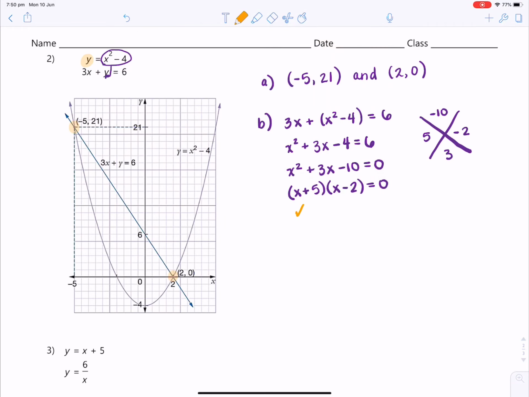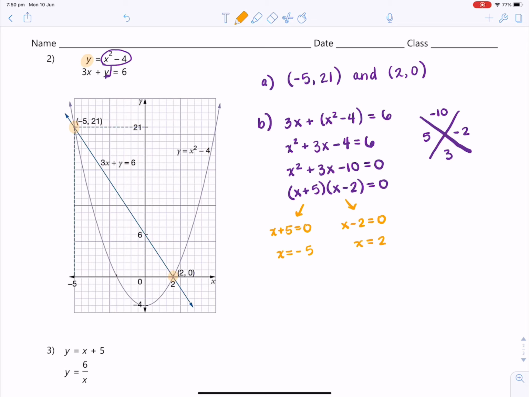I can apply the null factor law, and I know that either x plus 5 equals 0 or x minus 2 equals 0, in which case x would be equal to -5 or x would be equal to 2.